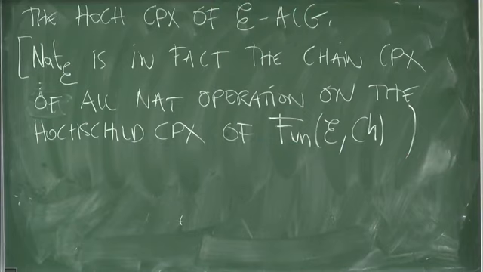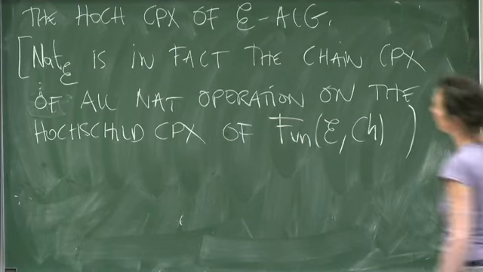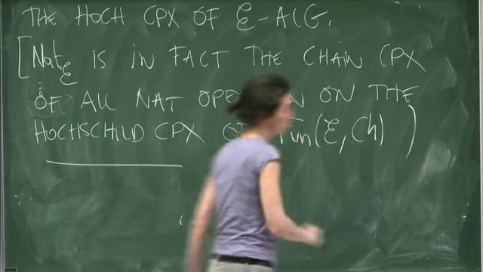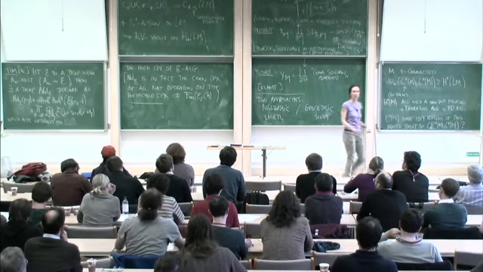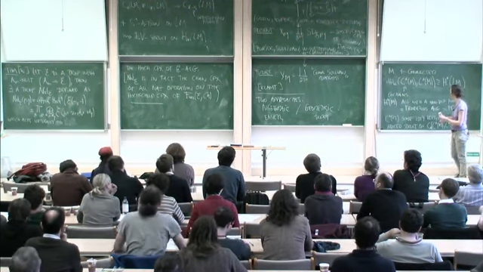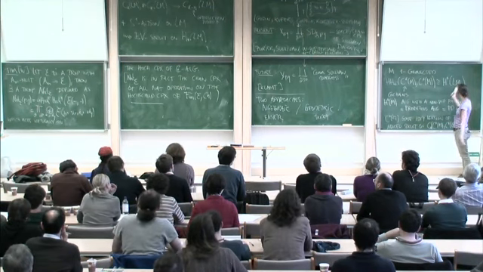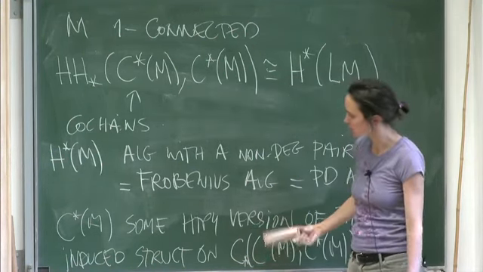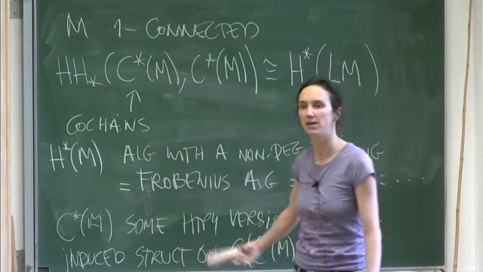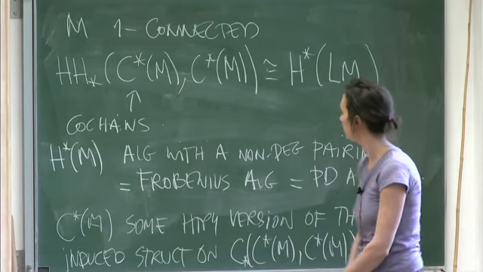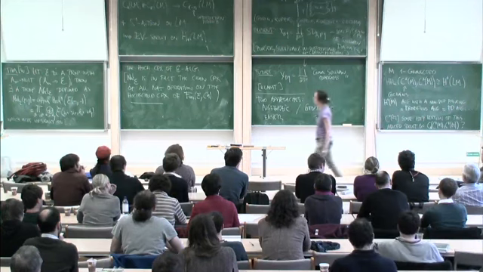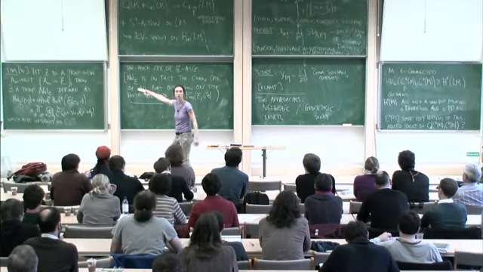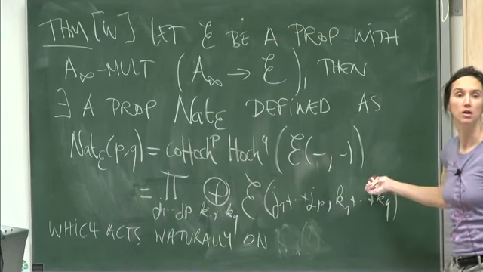Okay, so where are we? We wanted to build string topology operations, or at least algebraic versions of string topology operations. And we said the cohomology of the free loop space is the Hochschild homology of the cochains on the manifold. Cochains on the manifold is some sort of Poincaré duality algebra, Frobenius algebra. And so what we want to do is to input this into that machine and then try to read off what it tells you.